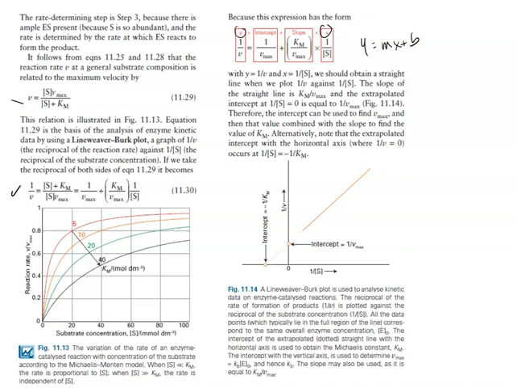So we can measure velocity over a range of concentrations of substrate, and from that linear relationship or model, we can interpret the maximum velocity Vmax from the intercept, and from the slope, once we have Vmax, we can determine the Michaelis-Menten constant for that reaction.